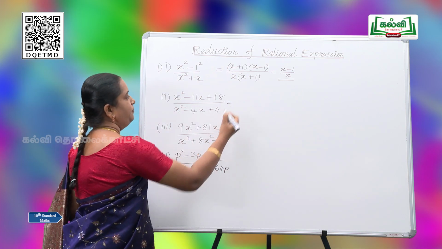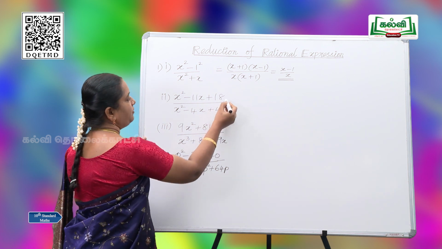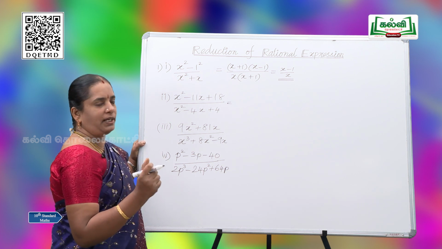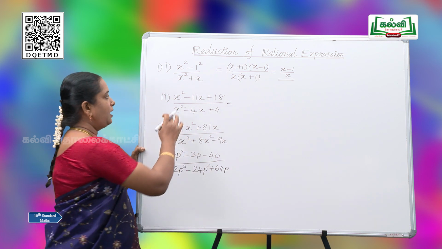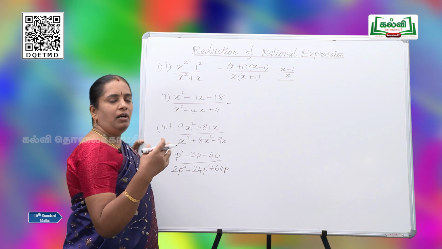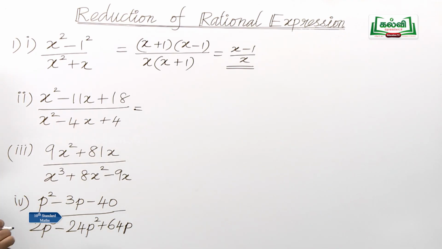Next one is, you have to factorize the numerator using the sum of the second terms of the binomials. We are factorizing into binomials. A trinomial is given, we are going to factorize as binomials. So, the product of the second terms is 18 and the sum of the second terms is minus 11.